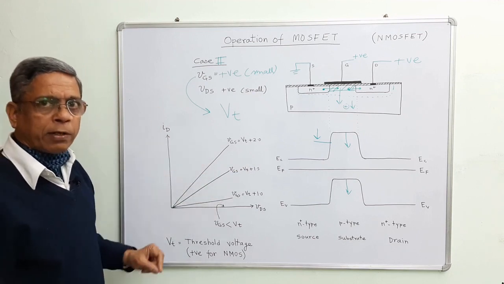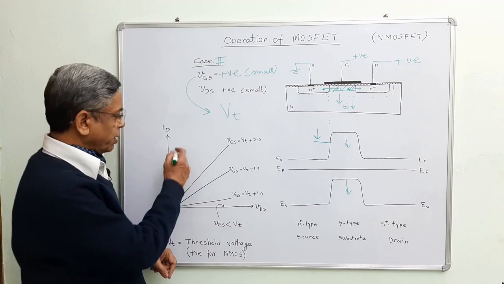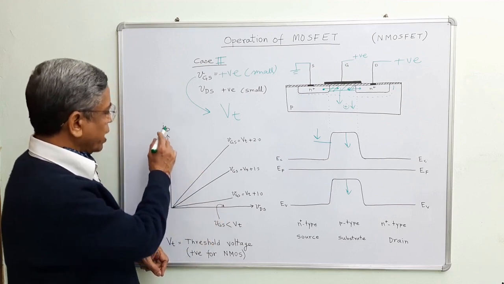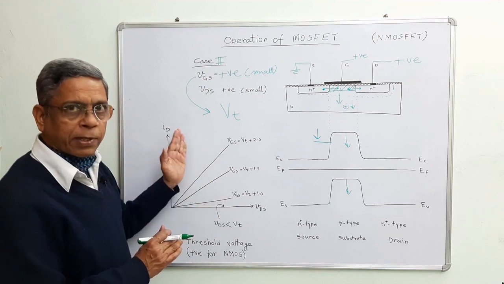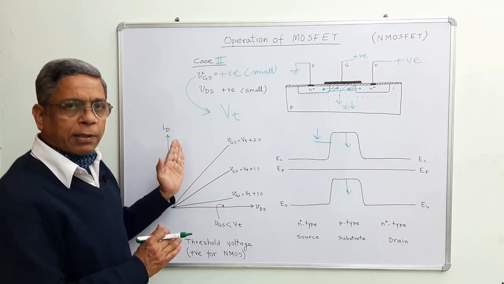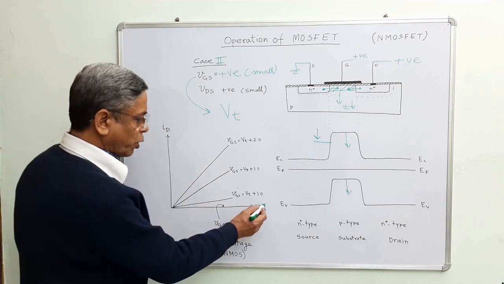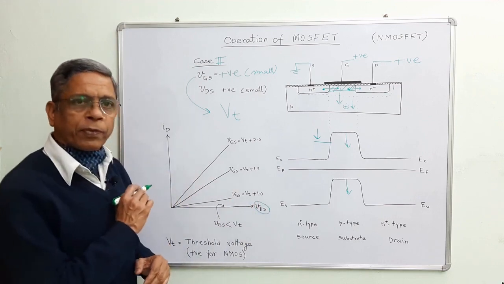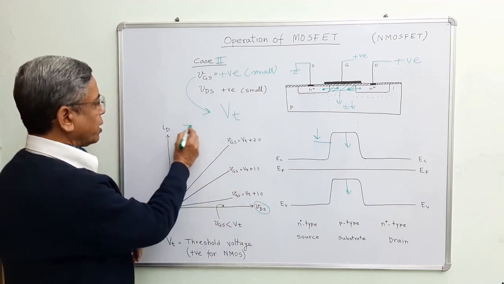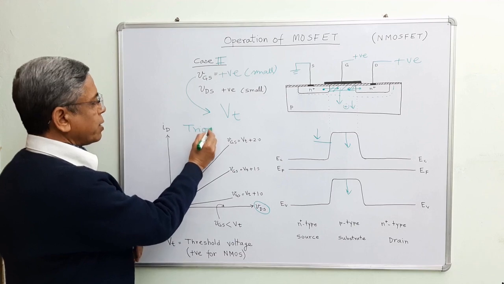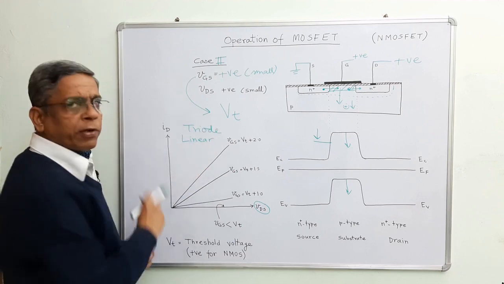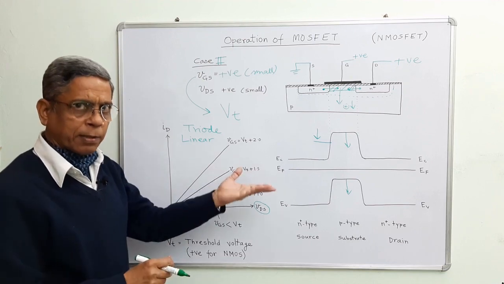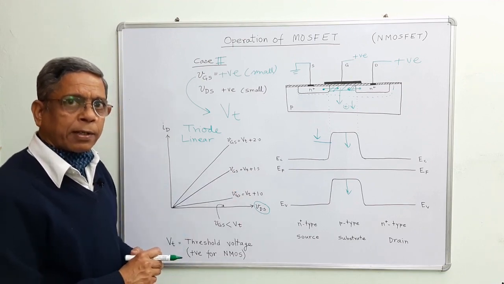One important point we notice over here: the relationship between ID and VDS is linear. This is linear behavior, and this stands good only for a small value of VDS. This region is called triode region or linear region, which we will discuss in detail in some next article.